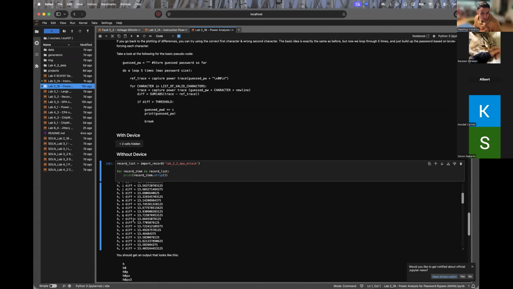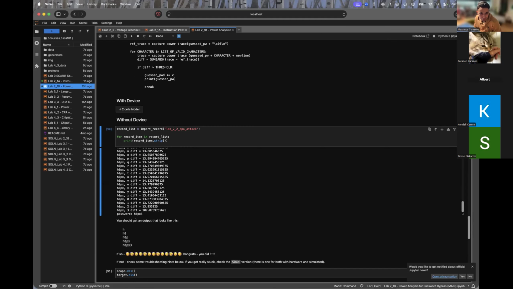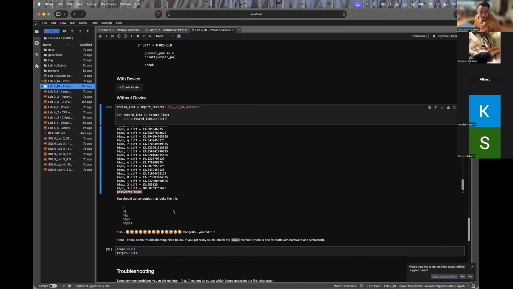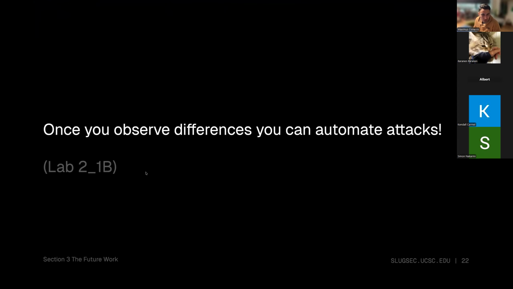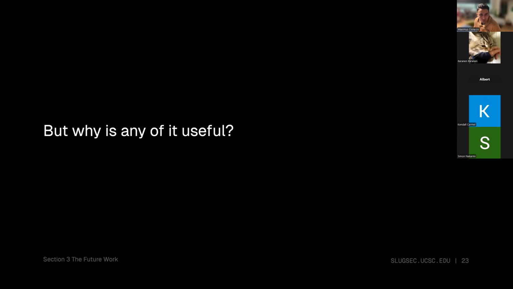We go through this entire process over and over again, finding each successive correct byte until at the very end, we have our password. So this is the beauty of SPA. Very simple, it can help break very simple encryption schemes. Other than that, not much you can do.